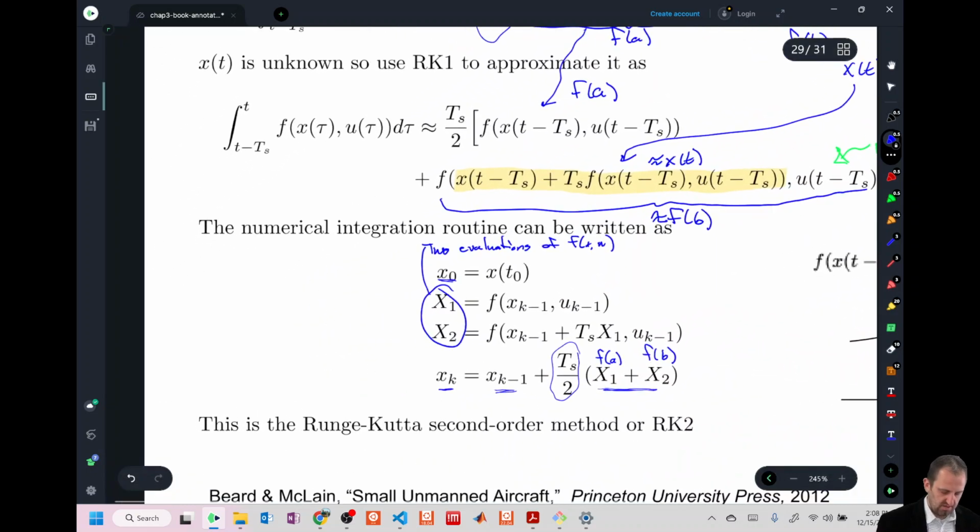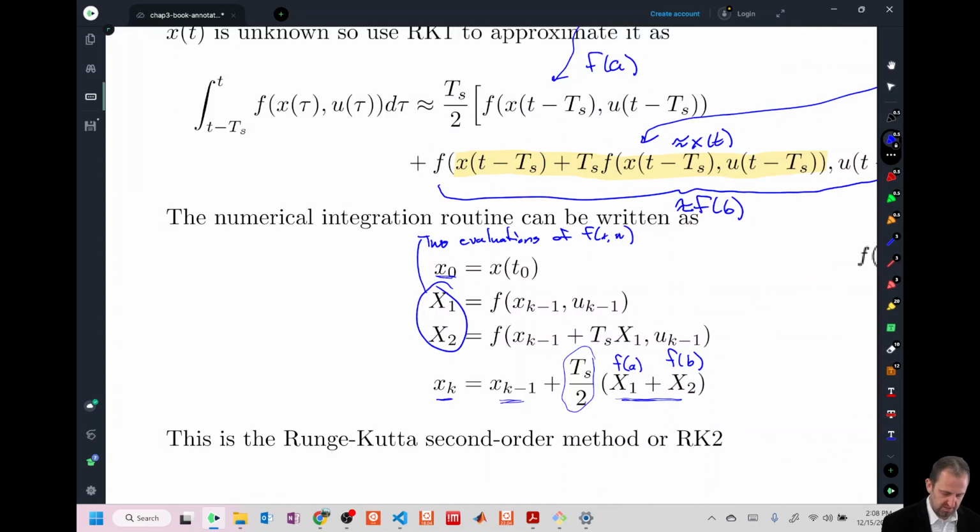Okay, so to write that down, to be more explicit, we would say that x naught is given. x1 is equal to x naught plus ts over 2 times, and I'm going to cheat a little bit and put a k minus 1 here.